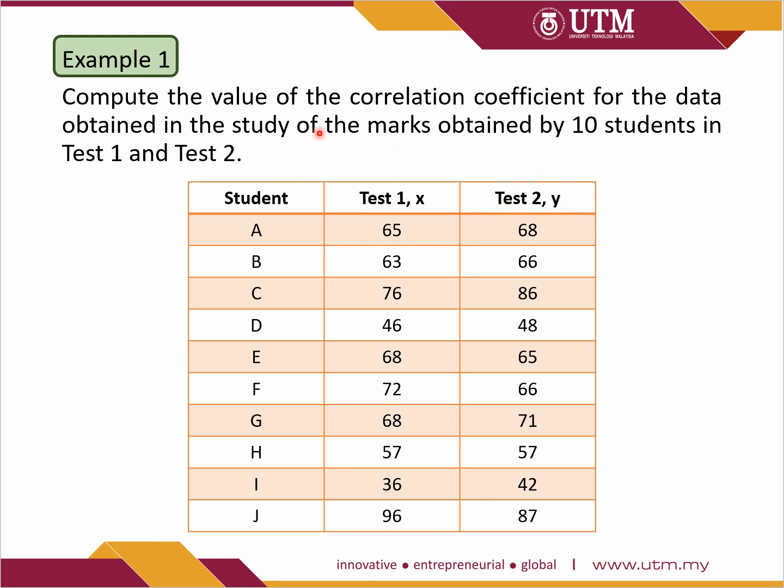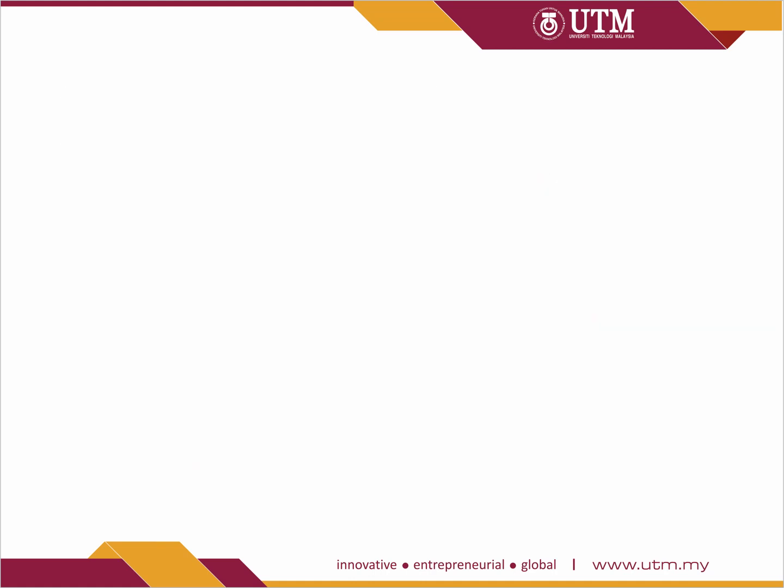So we want to compute or to find the value of the correlation using the Pearson coefficient. So how to do this? Remember the formula for the Pearson coefficient is equal to Sxy over the square root of Sxx times Syy.